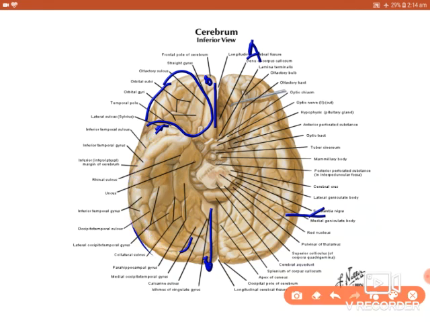In this orbital surface, medially there is one olfactory sulcus which lodges the olfactory tract. This is the olfactory tract in the left half. Here the olfactory tract is cut, and you can see the olfactory sulcus medially.